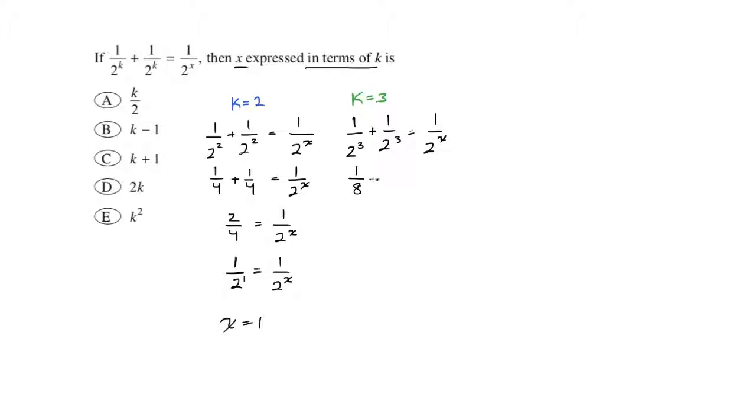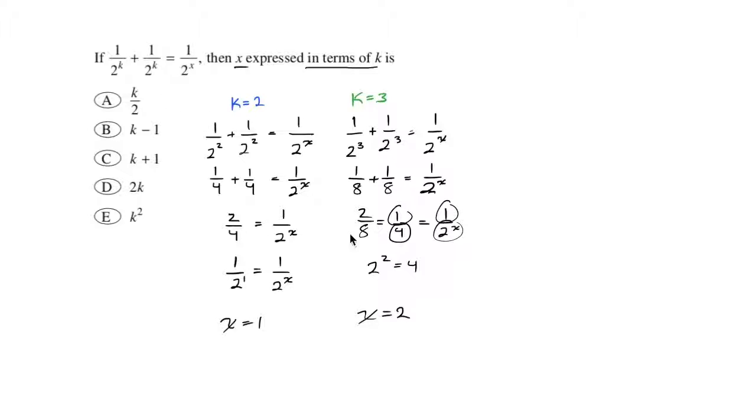So we have here 1/8 plus 1/8 equals 1 over 2 to the x. 1/8 plus 1/8 will be 2/8, but that will be 1/4. And that will be equal to 1 over 2^x. Now this question is like asking what power of 2 is actually equal to 4, all other things being the same. Of course, 2 squared is 4, therefore x must be equal to 2 in this case.